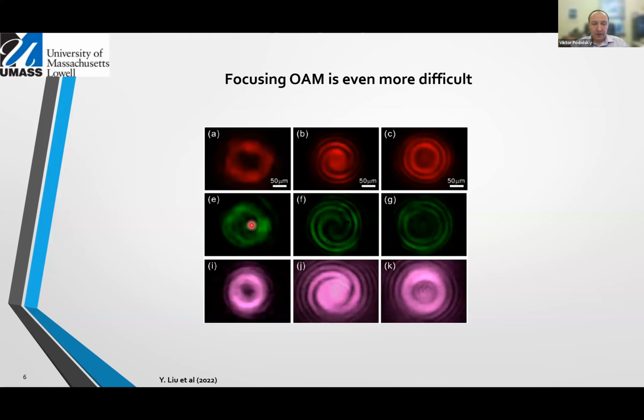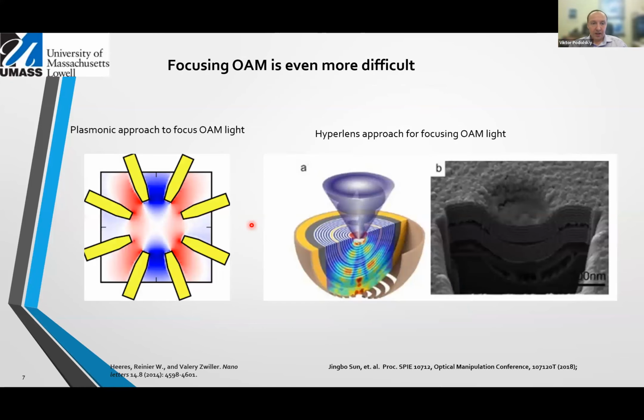There are a couple of approaches to focusing beams with optical angular momentum. These come from either the plasmonic community or the so-called hyperlens community. But then aligning your macroscopic beams that carry optical angular momentum with these more or less nanoscale structures becomes, again, a major challenge and prevents effective applications of this technology.